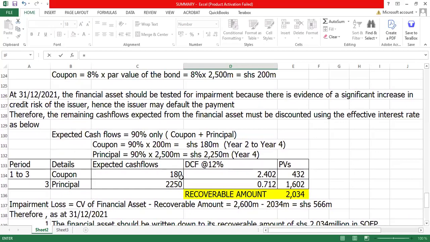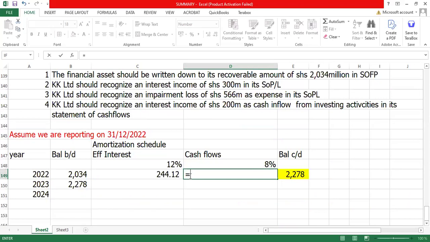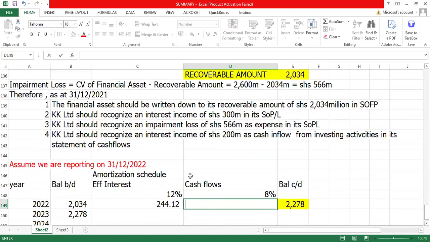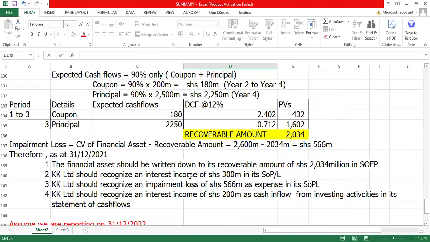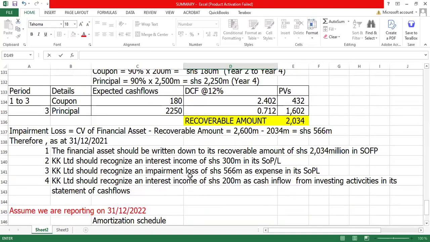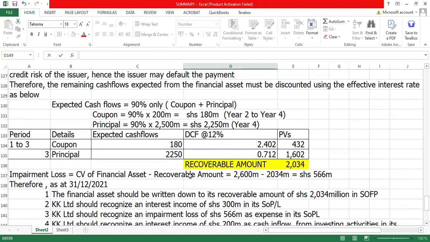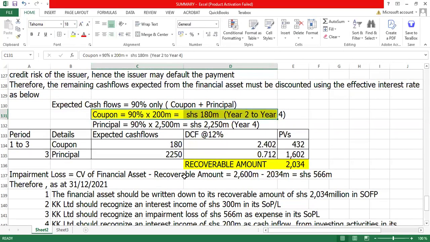Where is it? There is somewhere we had that figure. What we expect was here. We have that figure already.